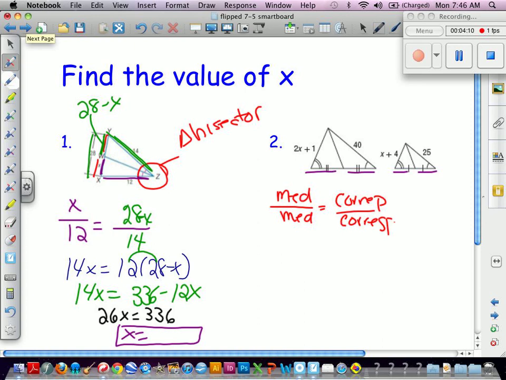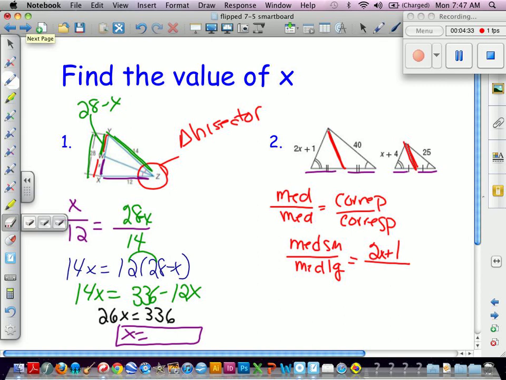And in this problem, I don't have the median. Well, let's see here. I'm going to put median of small over the median of large equals corresponding sides. I'm going to take the 2x plus 1, small. I'm going to take my x plus 4 and my 2x plus 1.